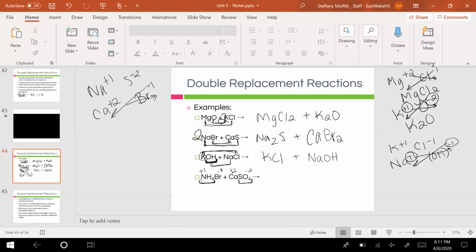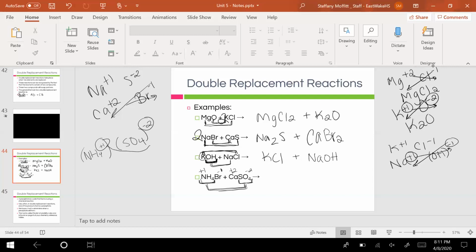They're not just ones. So my ammonium, with its +1 charge, is going to bond with the sulfate because those outsides are going to bond together. So that NH4 with the +1 is going to bond with this SO4 with the -2.